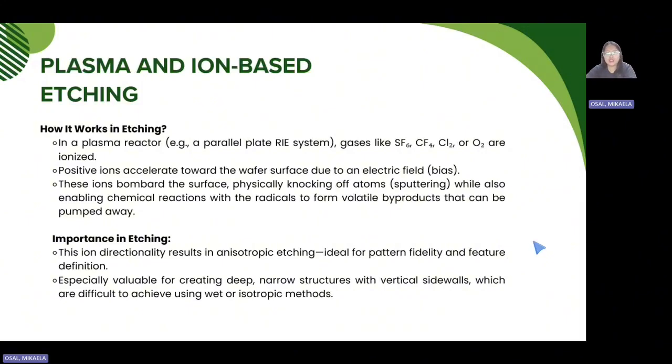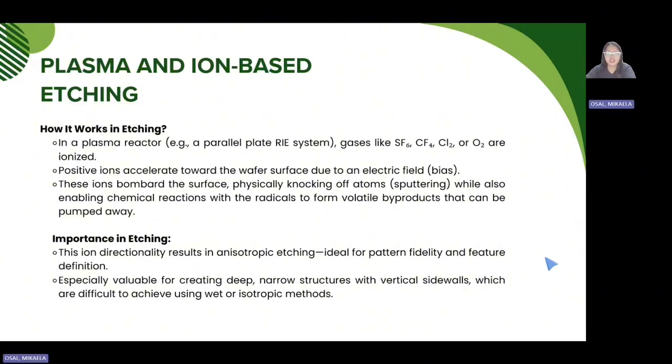The electric field accelerates positive ions towards the wafer surface. These ions bombard the wafer, physically knocking off atoms, a process called sputtering. At the same time, the ions react with the plasma's radicals, forming volatile byproducts that can be pumped away.